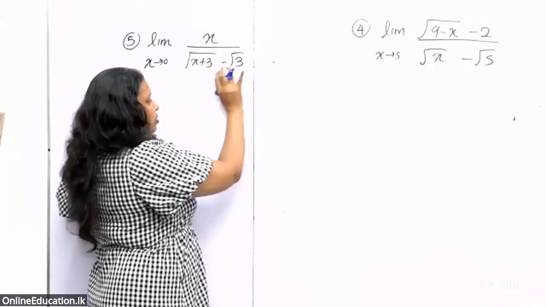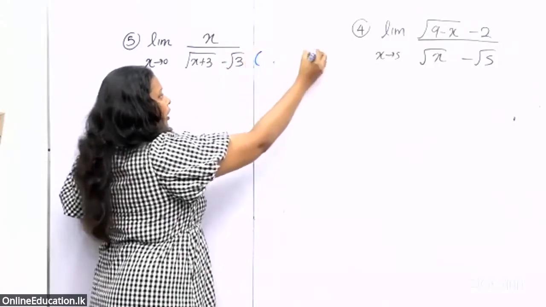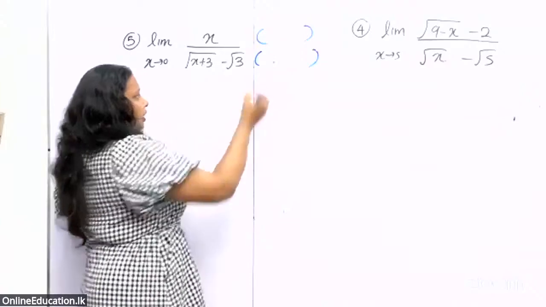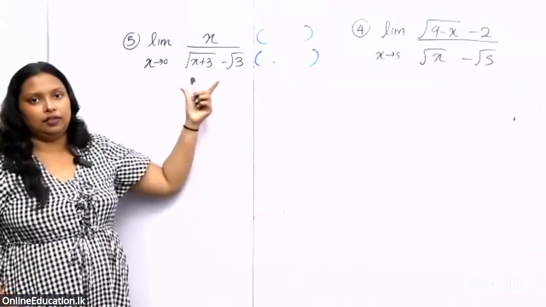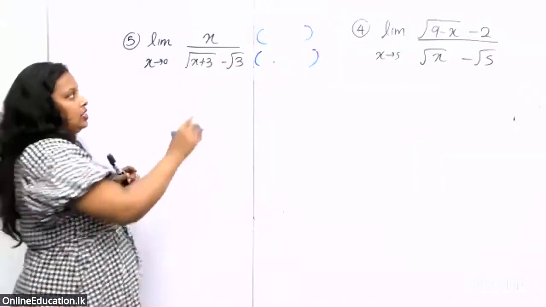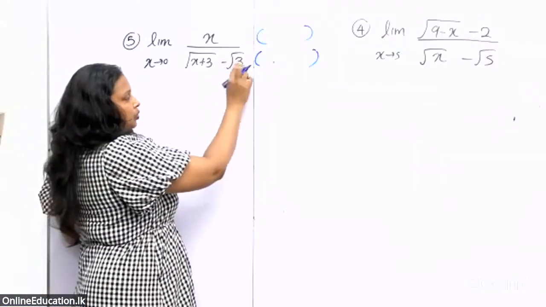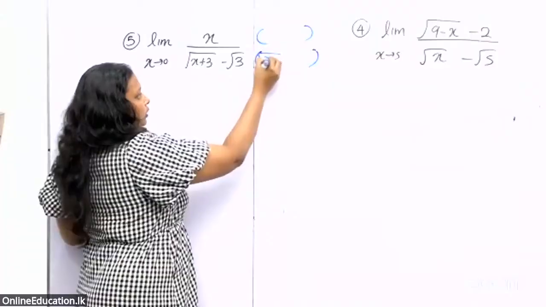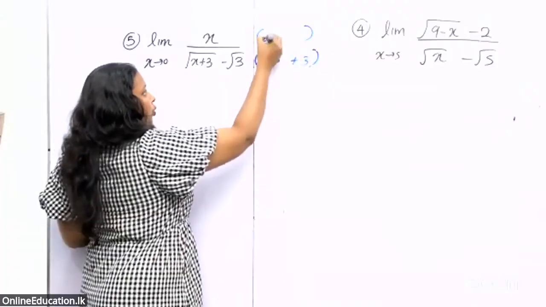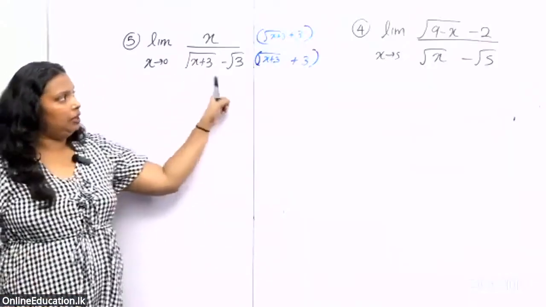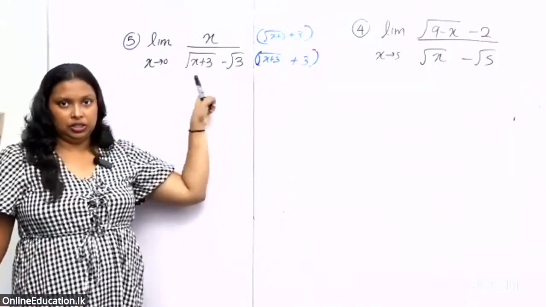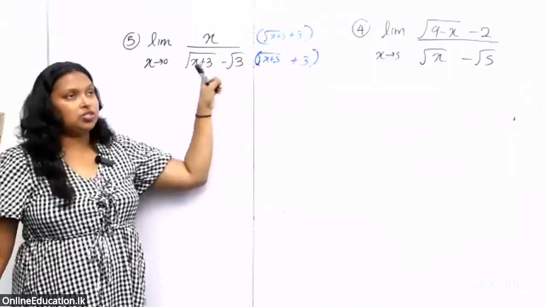Now what is the next step? When you have square roots, we can multiply both denominator and numerator by the conjugate of the line that has the square root. Clear? So here, root x plus 3 minus root 3, the conjugate of that is root x plus 3 plus root 3. And what happens when you multiply these two? Yeah, difference of two squares.